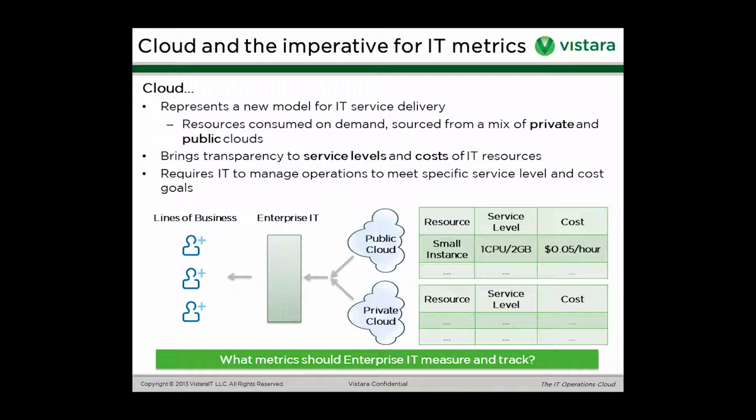Enterprise IT now is required, or increasingly so will be required, to measure in very specific and tangible terms the value that IT is delivering relative to the costs that are being invested, so that both at the business level as well as at the technology level, decisions can be made around what is the best place to source resources.